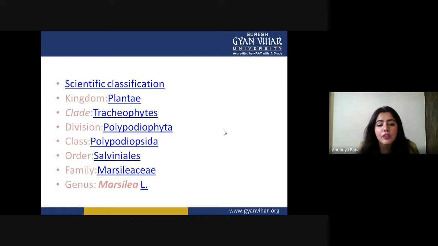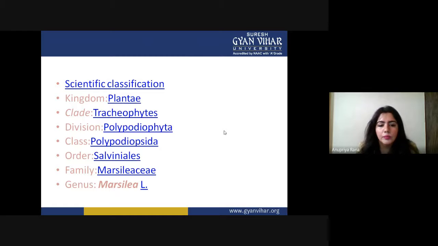So this is the genus we are studying. Actually, when we study some kind of plant, mostly we study them till their genus level, because genus is a point where most of the species which come under that genus have almost similar characters, only having some differences or variations. Otherwise, all the features are mostly similar.